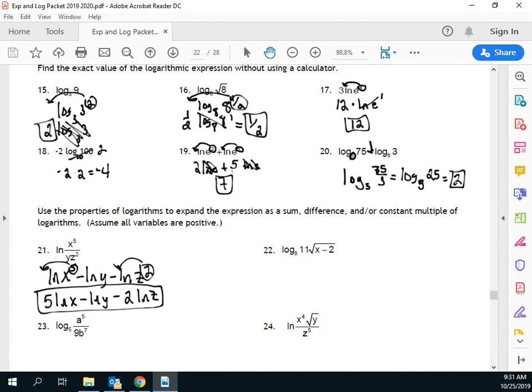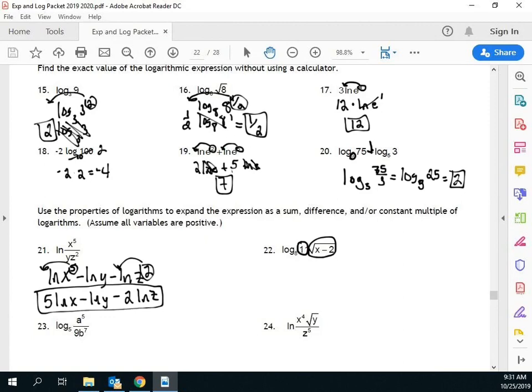All right. Number 22 is a little bit tricky in the fact that there is one term or one component in there that is not a variable. It's a number. Do you see it? Because it's 11 times the square root of x minus 2. So you got to separate this from that. Okay, so make sure you see that.